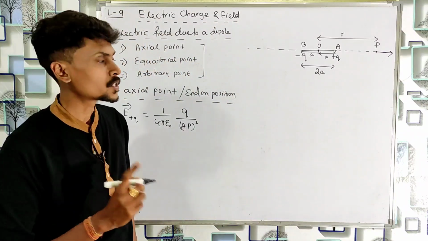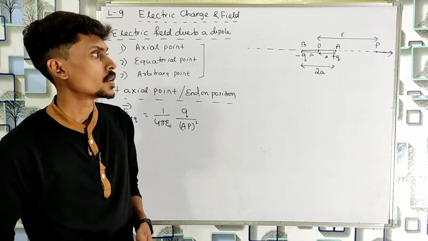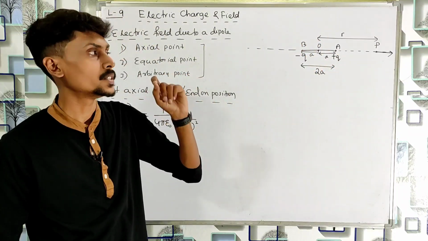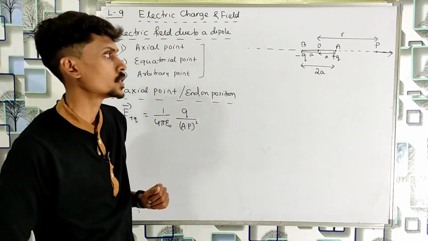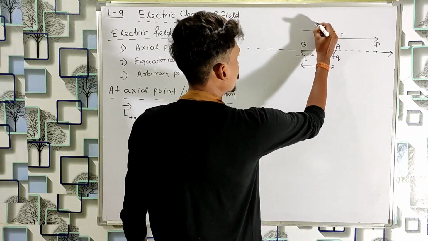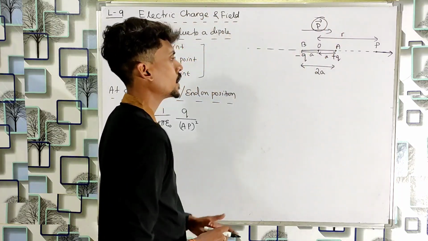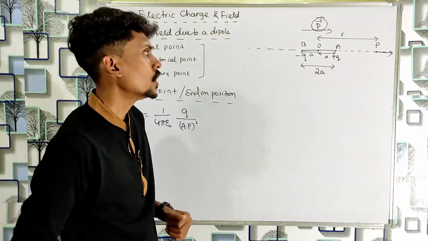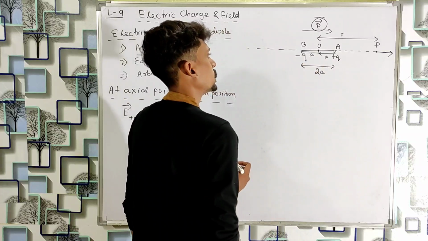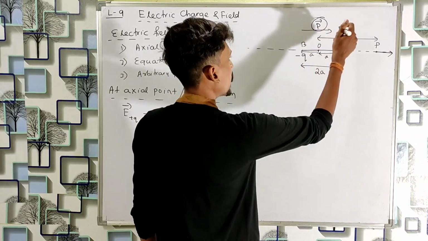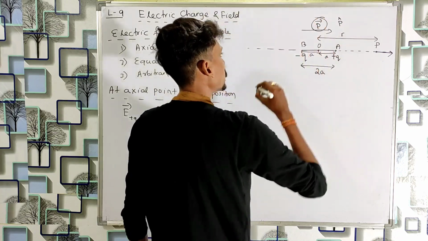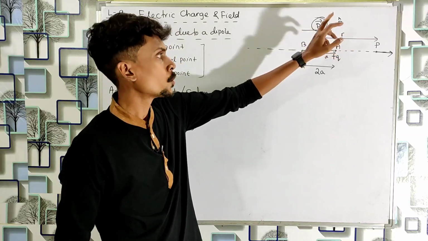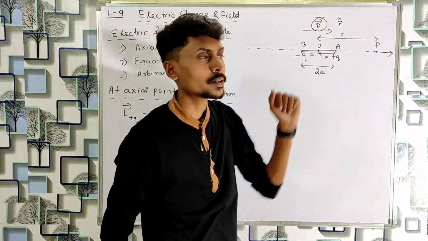And we had discussed that the dipole moment is directed from negative to the positive charge, means P vector is directed from left to right, from B to A, means towards right. So the unit vector along P vector can be written as P cap. So P cap is also directed towards right.